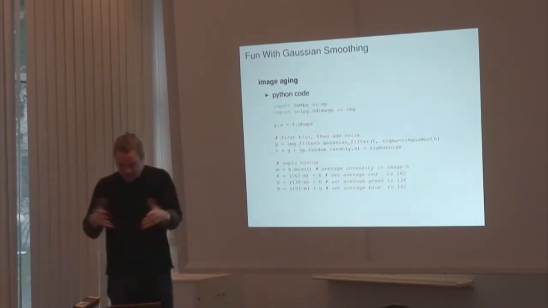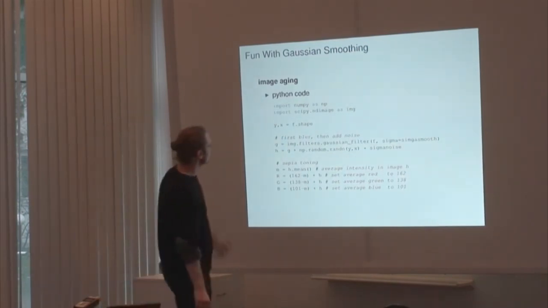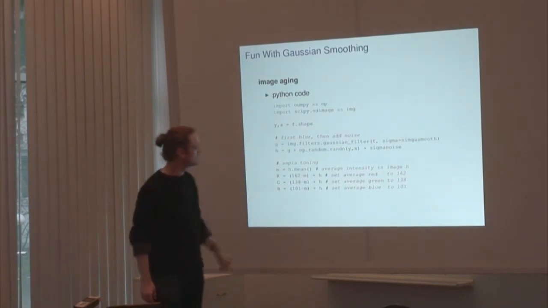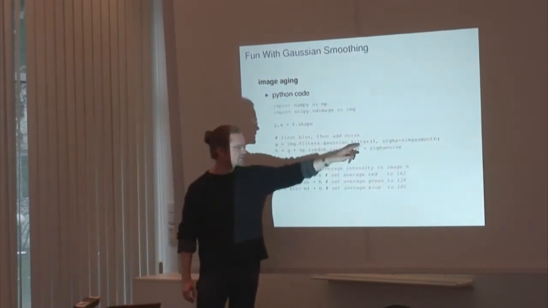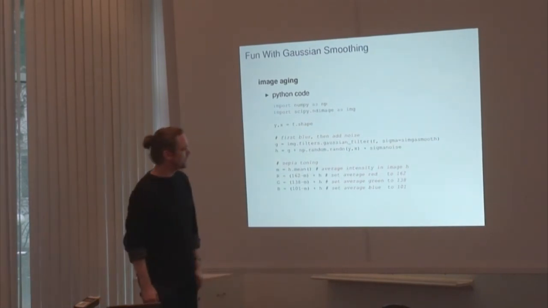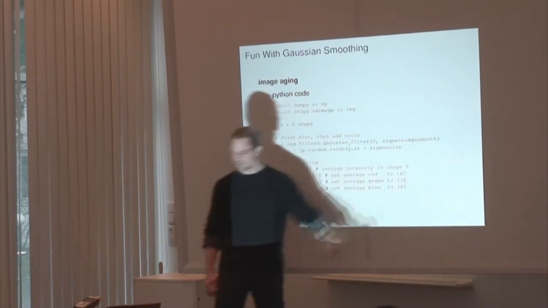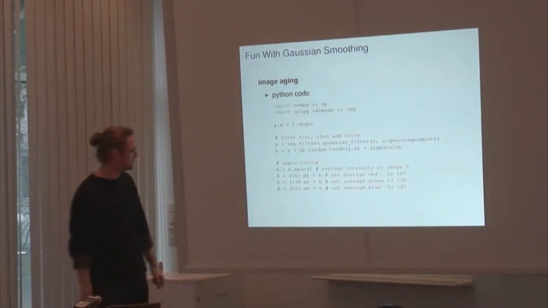It's not like with the x derivative last time. So this is the number of rows in the image, this is the number of columns. Well then, given the input image, we just apply the Gaussian filter. And I am choosing a certain sigma smooth, I call it, as the size of the Gaussian filter.